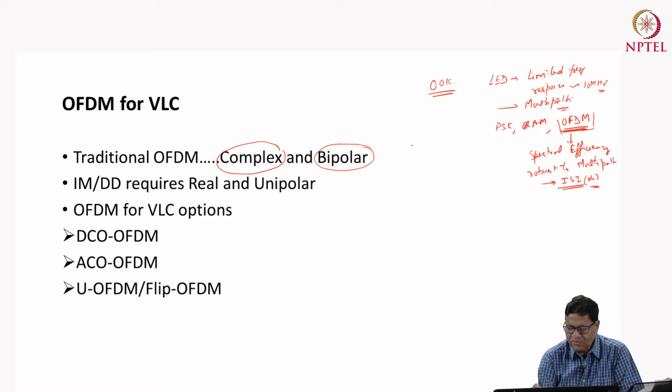Whereas your device, the LED, will not respond to complex signals, and it will also not respond to negative signals. So the first job before giving to the optical transmitter is to convert this complex and bipolar signal into a real and unipolar signal.